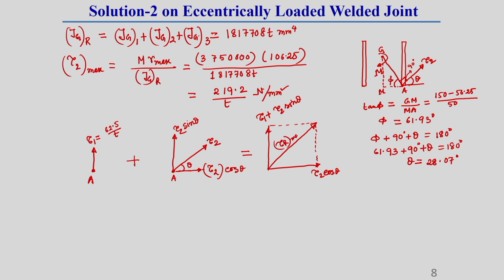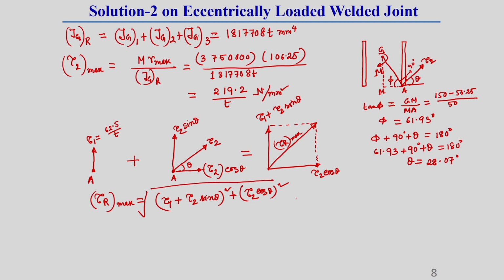So tau r maximum will be equal to the square root of (tau 1 plus tau 2 sin theta) whole square plus (tau 2 cos theta) square. From here we know everything.